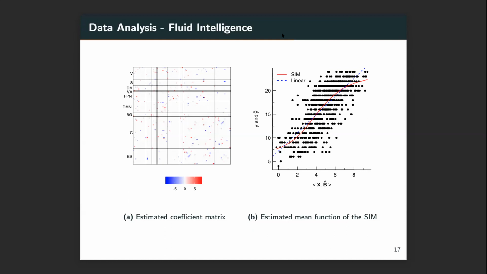So finally, we apply the proposed model to the motivating data set. So here we're looking at modeling fluid intelligence as a function of functional connectivity. On the left, we have the estimated coefficient matrix, and you can see really clearly there's strong evidence of node and edge sparsity here, which helps quite a bit for interpretation. It's a little hard to see just because the elements are so small here.